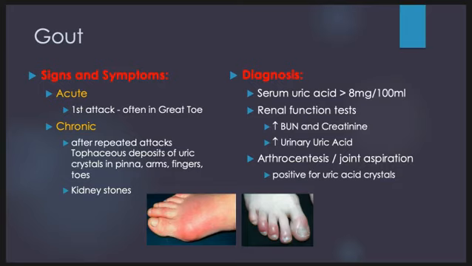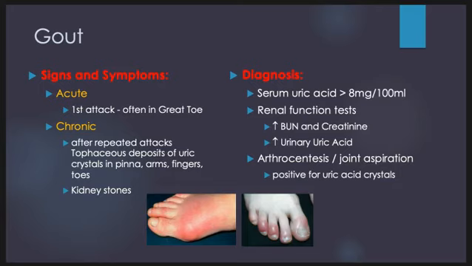Signs and symptoms of gout includes pain and inflammation, as mentioned earlier, in the affected joint. There's also acute attacks, which often occurs in the great toe. Chronic gout is when there are repeated attacks with remission and exacerbation episodes.